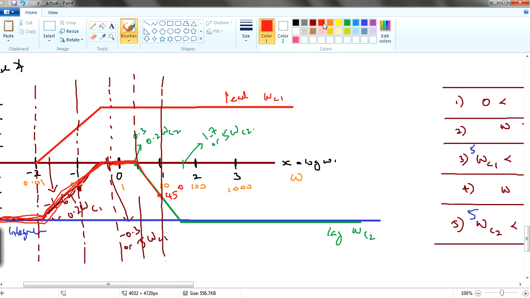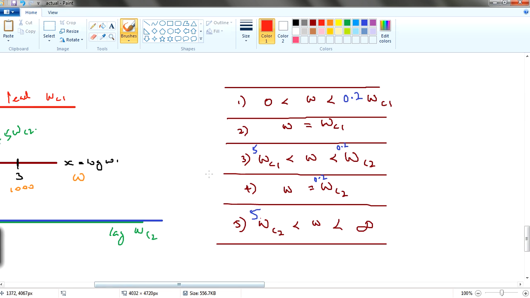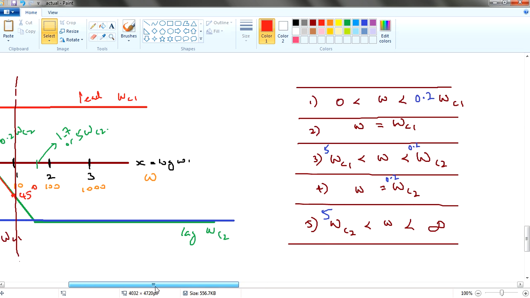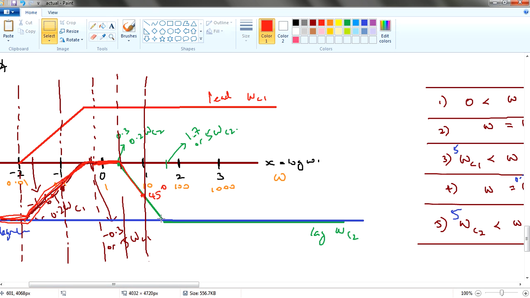And for the rest, you should know from the calculation that it should be going downwards, but nonetheless you should also be careful about omega C2, the range between 5 times omega C2, which is this point over here.